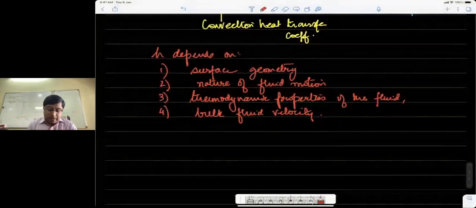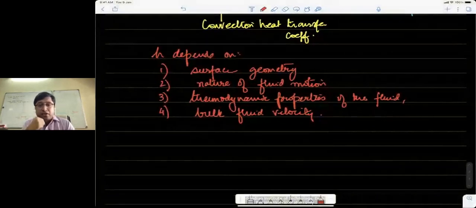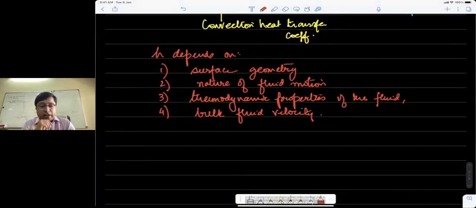The other thing that you should remember is that h, the heat transfer coefficient, is not a property of the fluid. So you cannot use a lookup table, like the thermodynamic tables that we use in thermodynamics, to determine the value of h. Rather, it is an experimentally determined parameter.